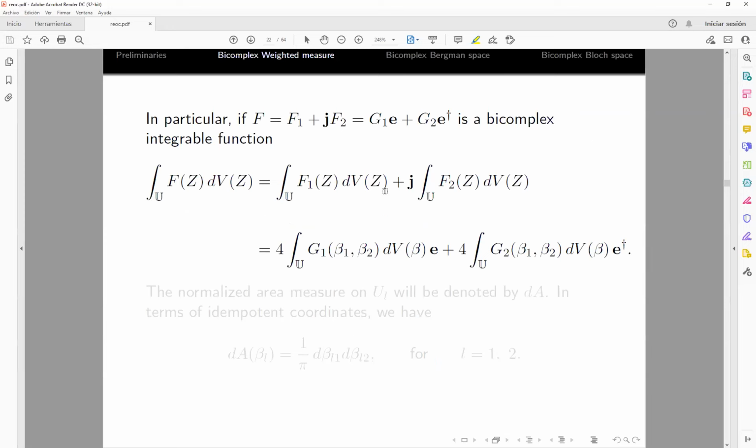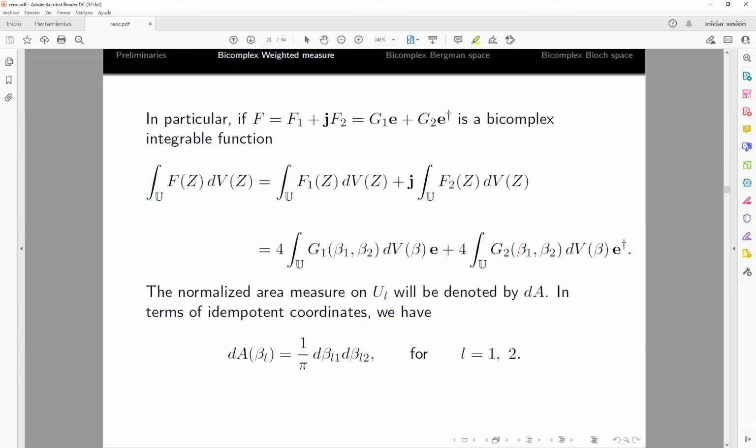Now, in particular, if we have a bicomplex integrable function, then we integrate this bicomplex integrable function on the disk. Okay, this is the normal volume measure. Then we integrate, this is if we use the classical notation of the bicomplex variable. But now we can change to the idempotent notation. Then it's necessary to consider this 4, that this is the Jacobian.